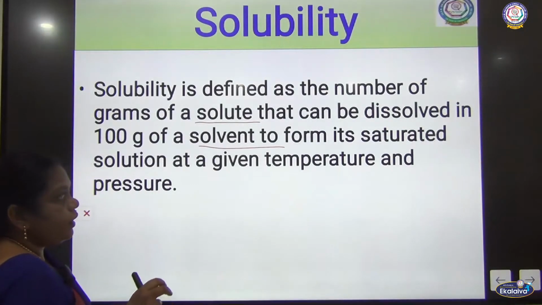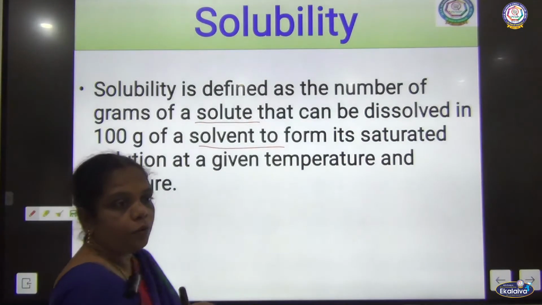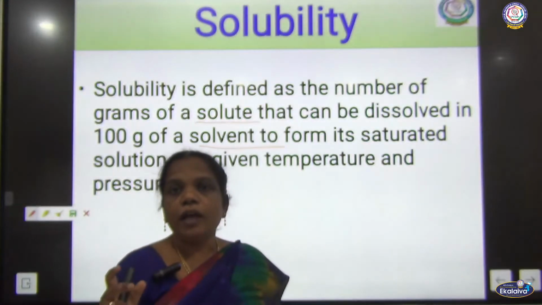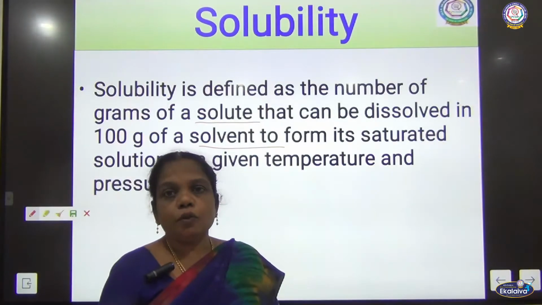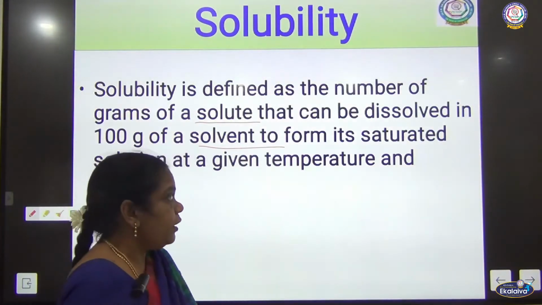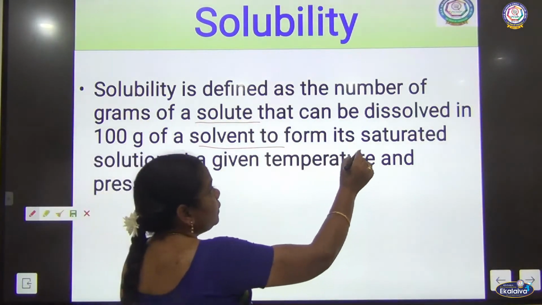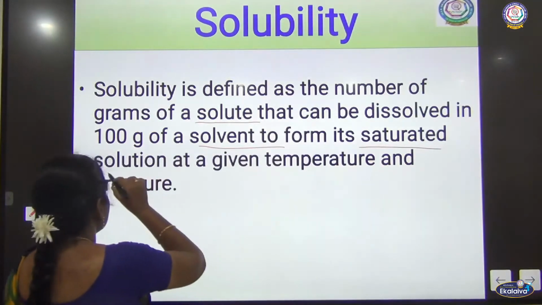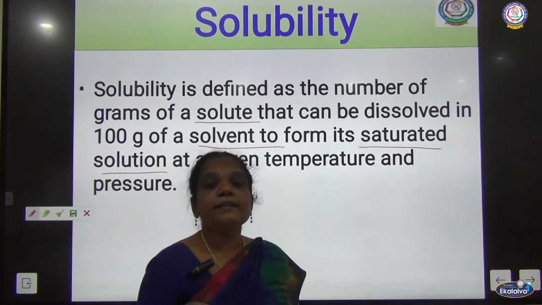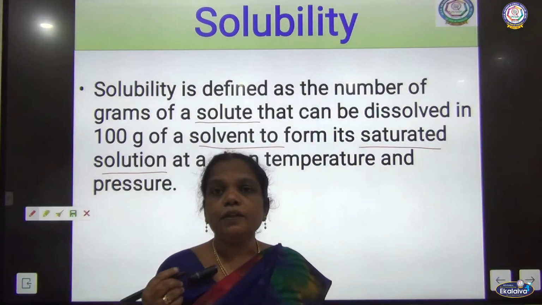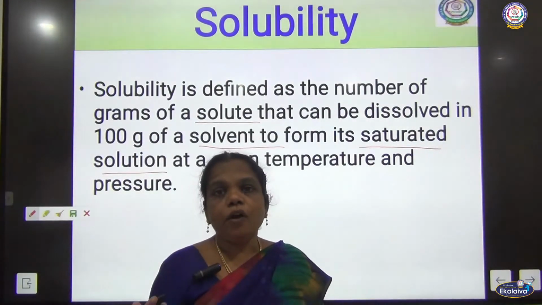Understand? Solubility is possible only for a certain amount of solute to be soluble in a certain amount of solvent. Already we learned that based on the amount of solute and solvent, we get saturated, unsaturated and supersaturated solutions. Already you learned that about 36 gram of sodium chloride can be dissolved in 100 gram of water.